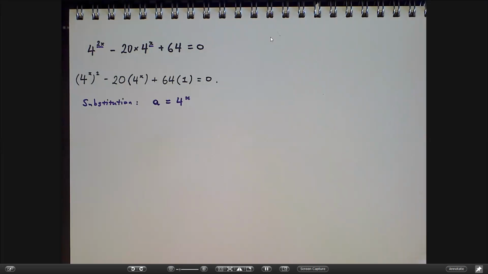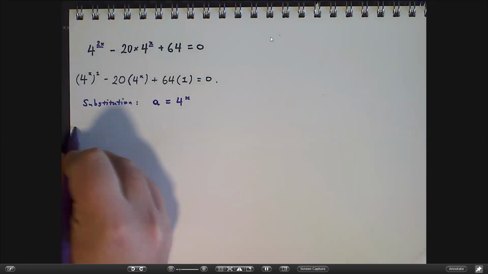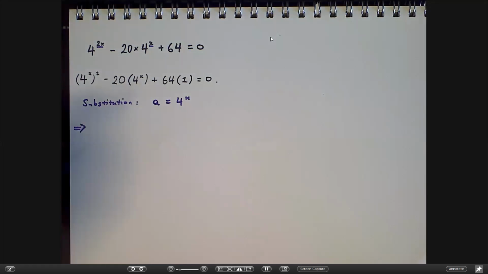Okay, now at first that's going to seem like a nothing burger of a move, but I promise it's going to be a really useful move. So then I'm going to take that equation above and I'm going to replace all my 4 to the X's with A's.